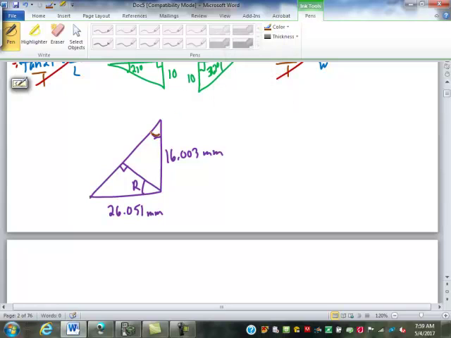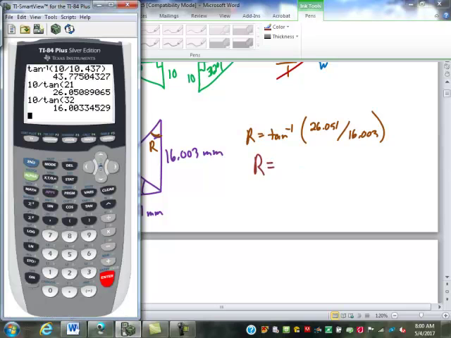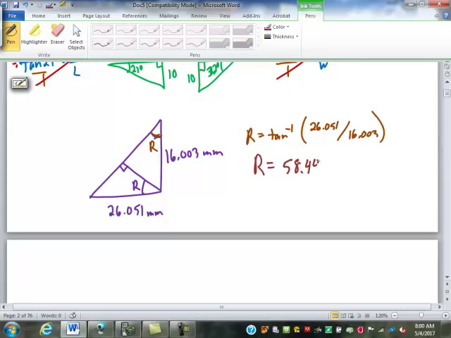So to find this angle, we're again looking at a tangent. R is going to be the inverse tangent, the opposite is the 26.051, the adjacent 16.003. So we get R, 58.44 we're going to call it. So that's our rotation.